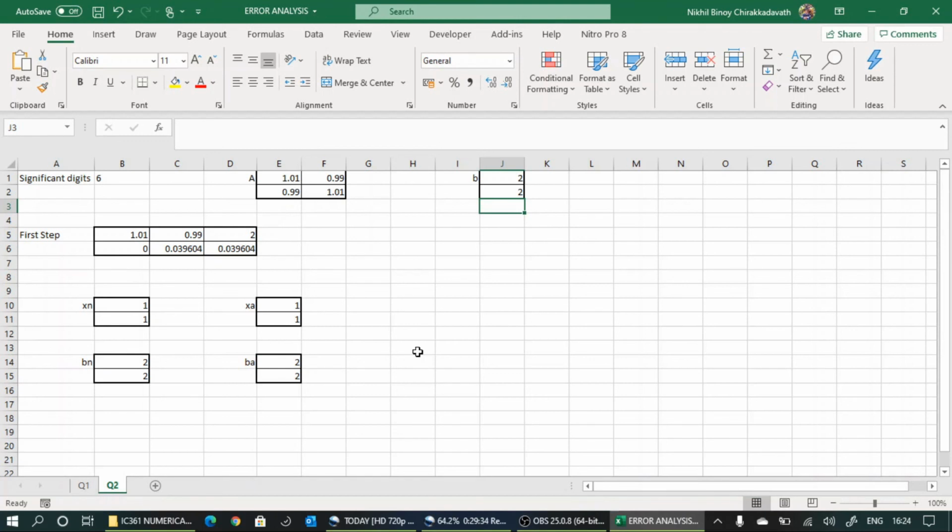An ill-conditioned system means a system which gives a very large change in the solution X with a very small change in either the A matrix or the B vector.